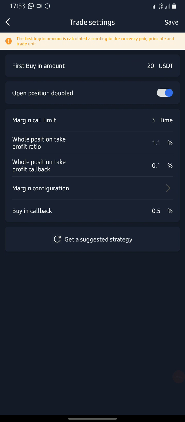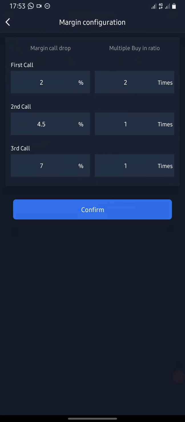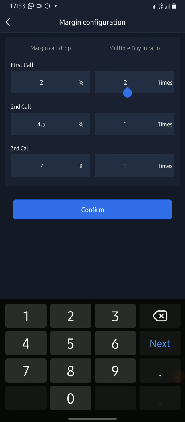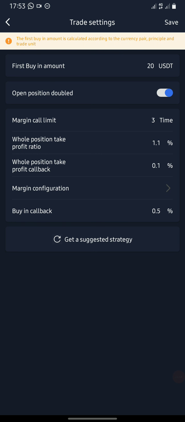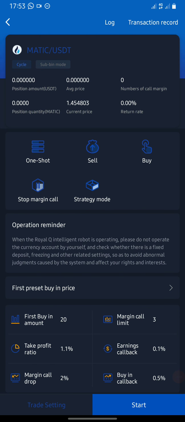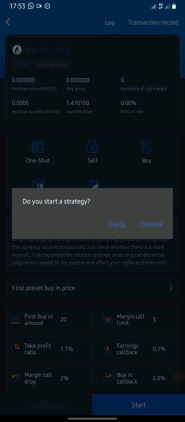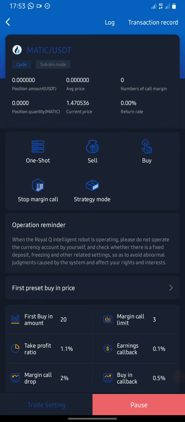All right, so I'll just click on, oh, this one is not confirmed yet. 1, then you click confirm, yeah. And click save at the top corner here, and then click start and click confirm. Yes, let's watch what the magic is. Before I leave the page, I want to see something.